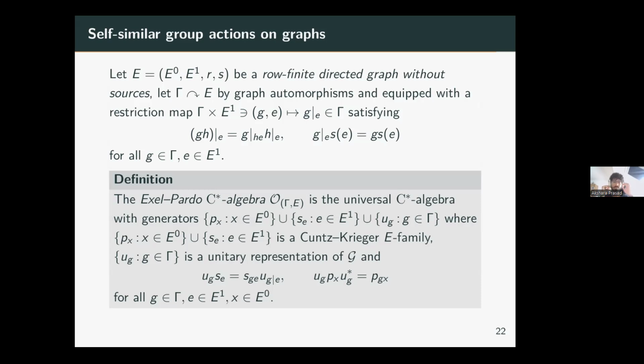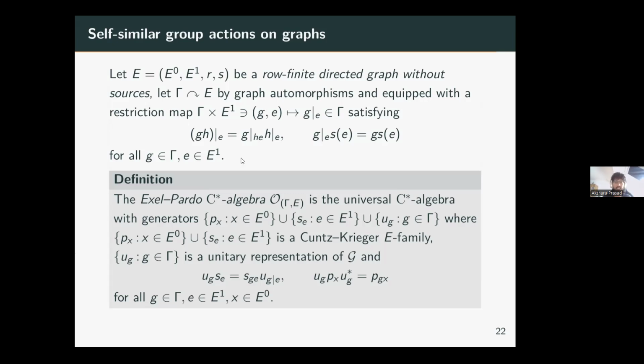And so Exel-Pardo algebras come from a self-similar action of a group gamma on a graph E. The only assumption on the graph here is that it be row finite and directed and have no sources. So the action is by graph automorphisms, and it is equipped with a restriction map.